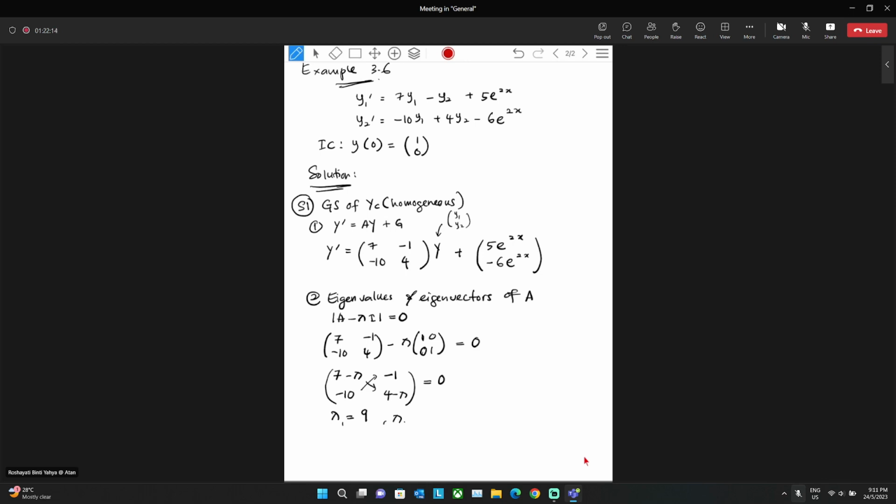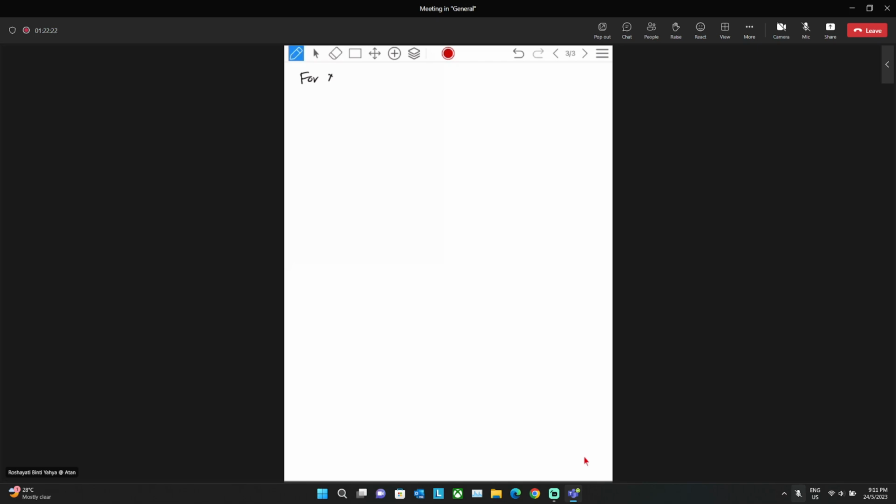Okay. So next. So for lambda equal to 9. So 7 minus 9, minus 1, minus 10, 4 minus 9, and then x, y equal to 0.